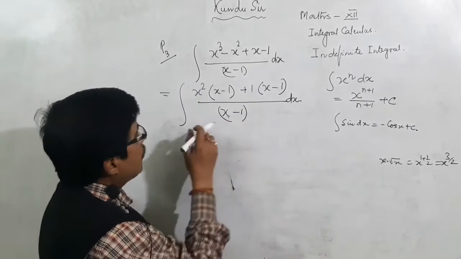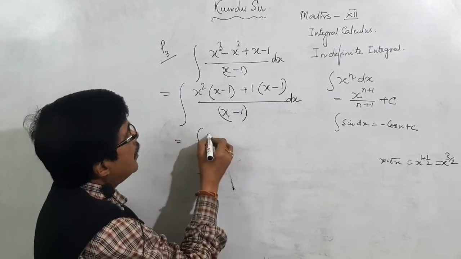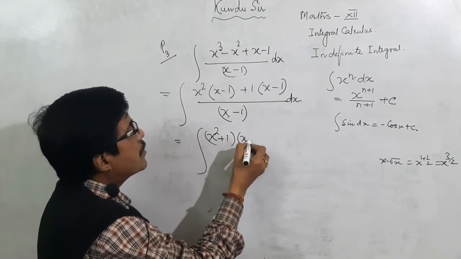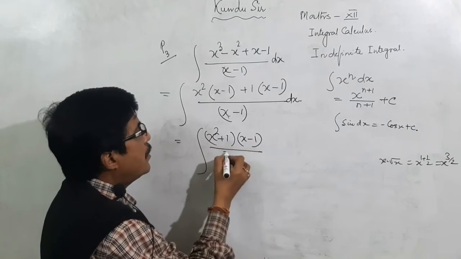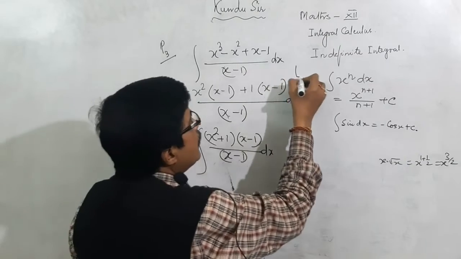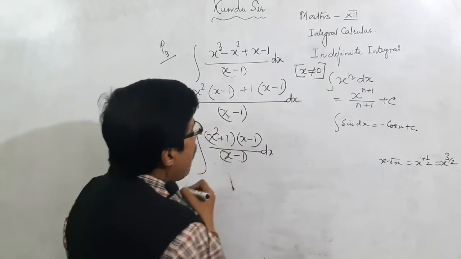In the next step, it is x square plus 1 into x minus 1 upon x minus 1, where x is not equal to 1.